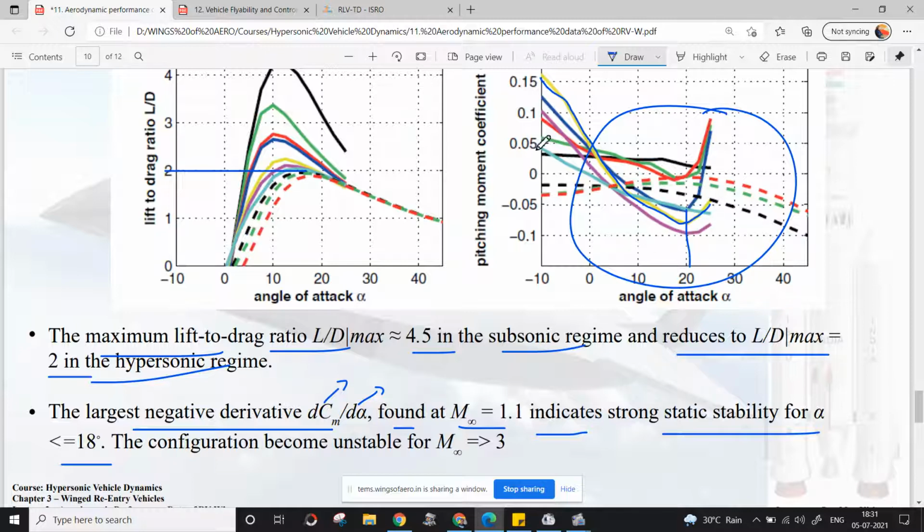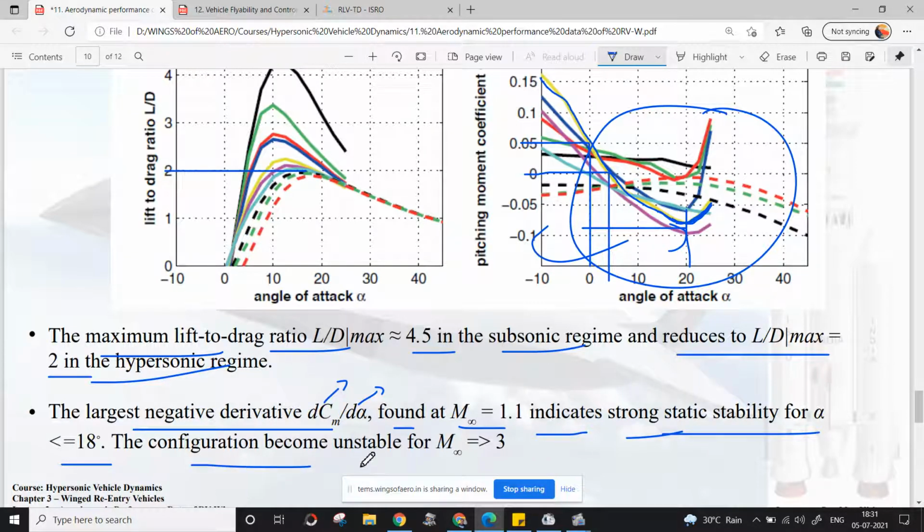From there you can see that at zero angle of attack it is nearly positive. Near about 5-degree angle of attack, the pitching moment coefficient is 0 and it is getting negative, whereas at 20 it is getting high, right? It is decreasing and then it is increasing. So the largest negative derivative is found at Mach 1.1, indicating strong stability for alpha less than 18 degrees. That is good with Mach number 1.1.